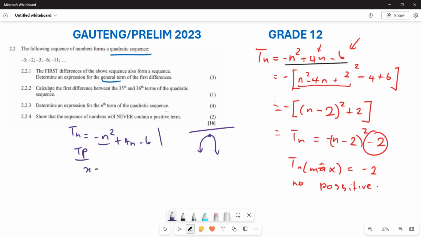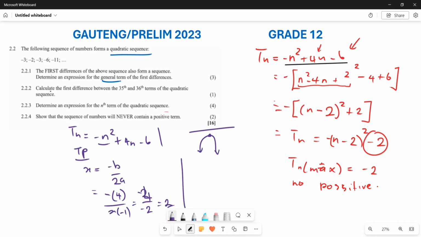Whenever we find the turning point, we say x is equal to -b over 2a. This is going to be negative, and b is 4, over 2 into your value of a, which is -1. So this is the same as -4 over -2, which is +2.